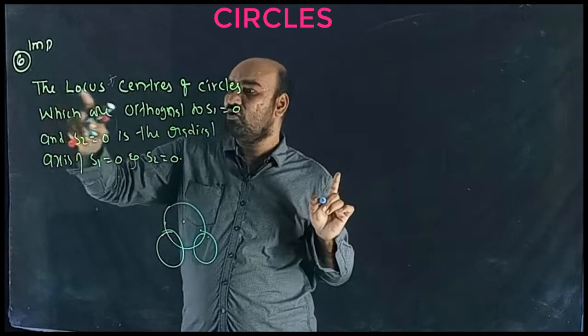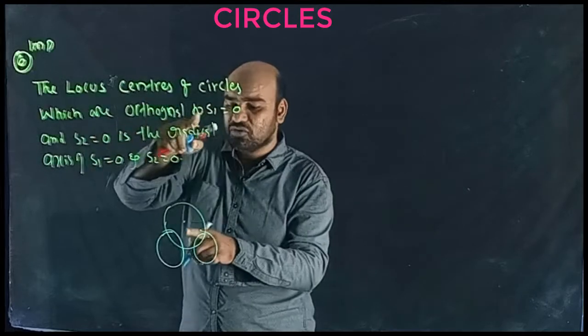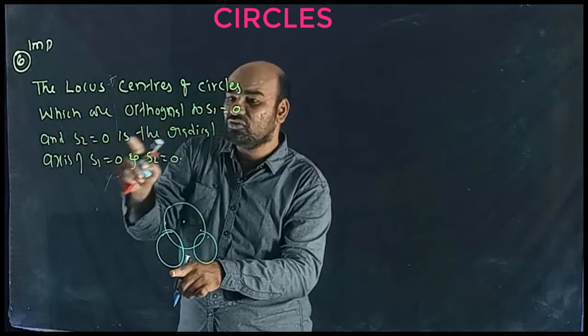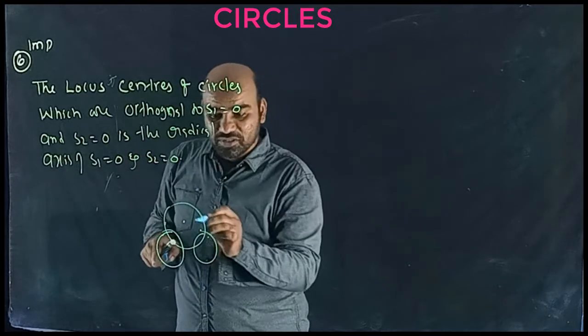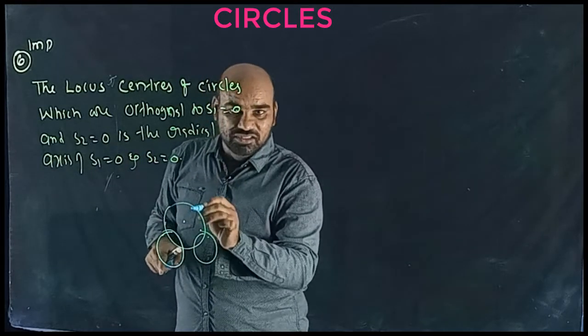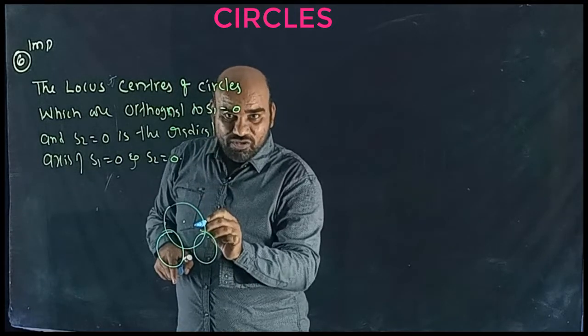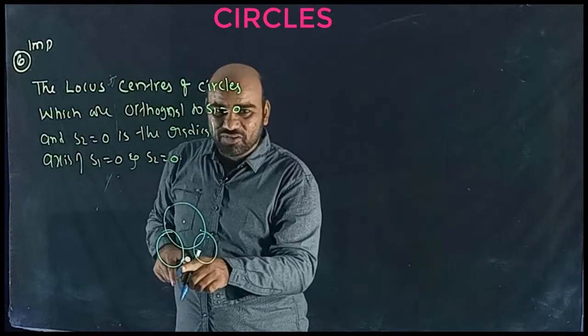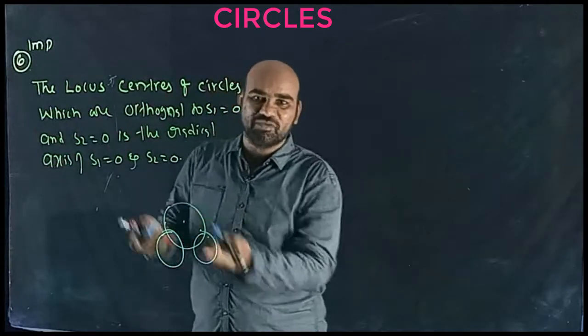Listen, the locus of centers of circles which are orthogonal to S1 = 0 and S2 = 0 is the radical axis of S1 = 0 and S2 = 0. There exist infinitely many such circles, so all the centers will fall on the radical axis of S1 = 0 and S2 = 0. The locus is nothing but the radical axis.